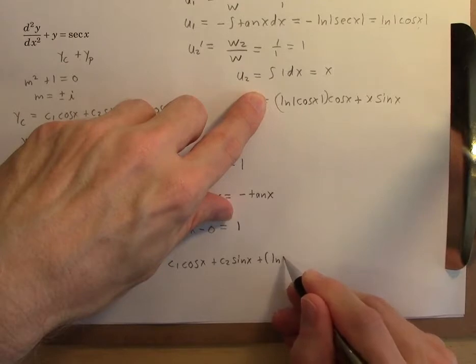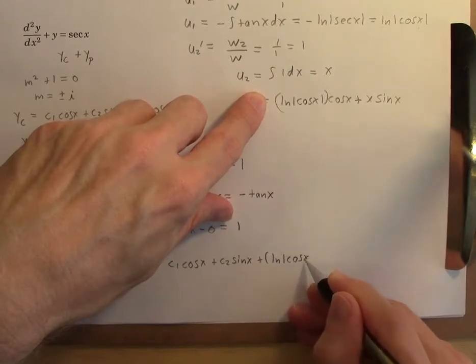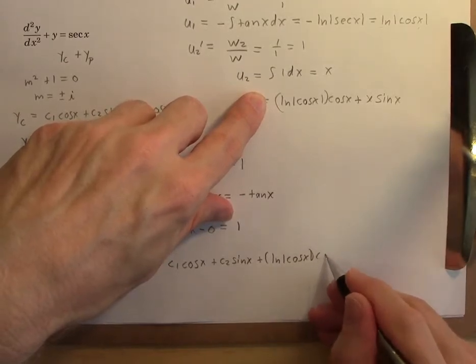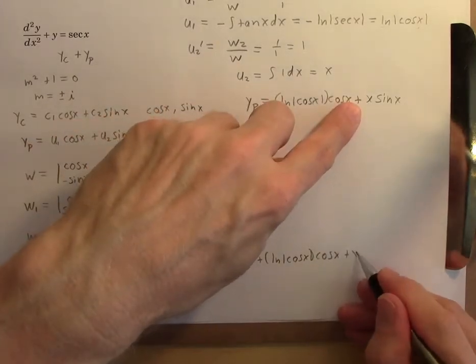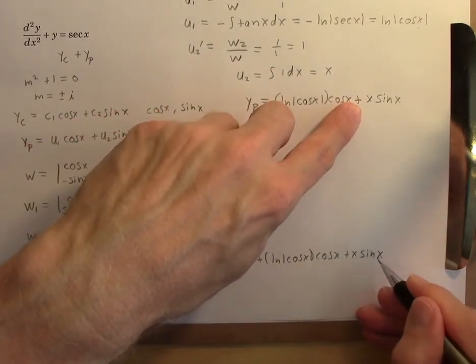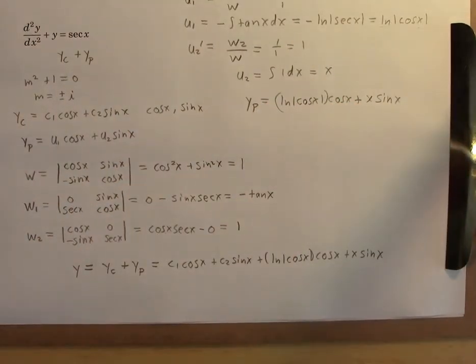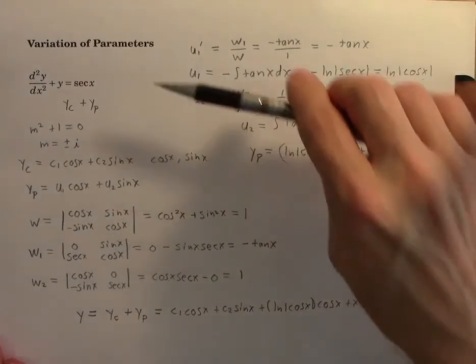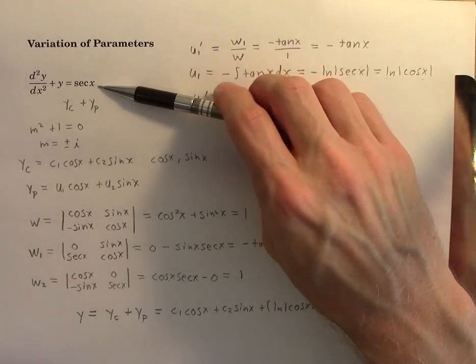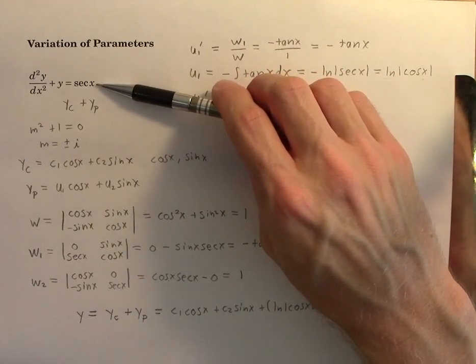So we have the logarithm of the absolute value of cosine of x multiplied by cosine of x plus x times the sine of x. And so now we have the yc combined together with the yp, and this is the general solution for the original differential equation up here, which is a non-homogeneous linear differential equation.